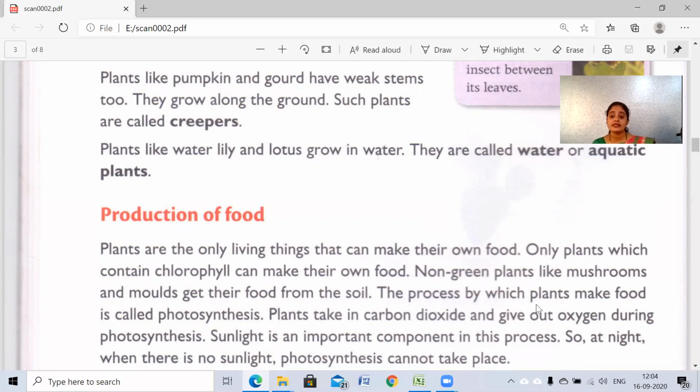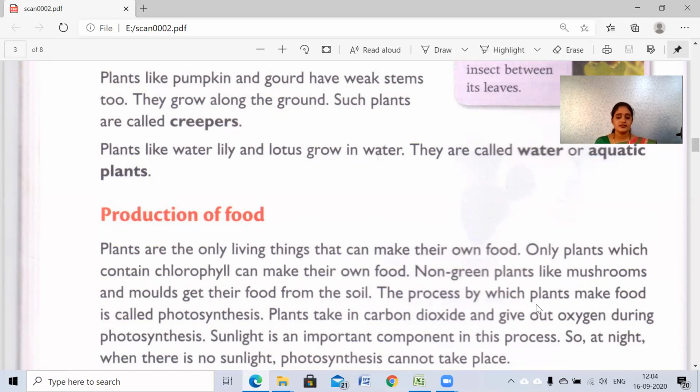Synthesis means collecting. The plant collects the light from the sun and starts preparing the food. We call that process as photosynthesis. Okay. So plants are the only living things that can make their own food.